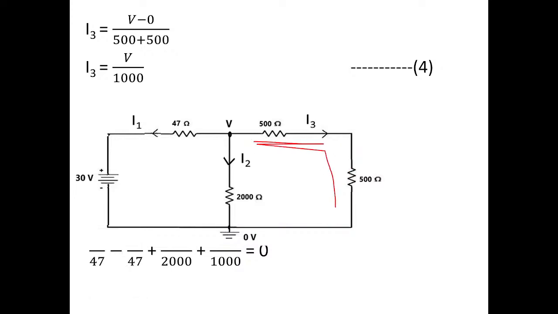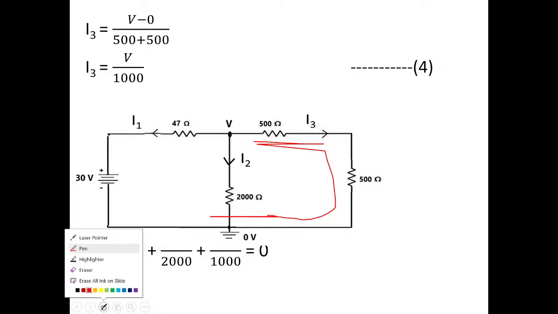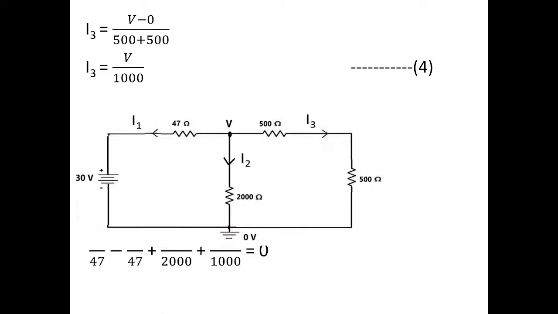It is flowing like this. My cursor won't listen to me, that's the only issue I have. It's a very sensitive cursor. This is the direction in which the I3 current is flowing.